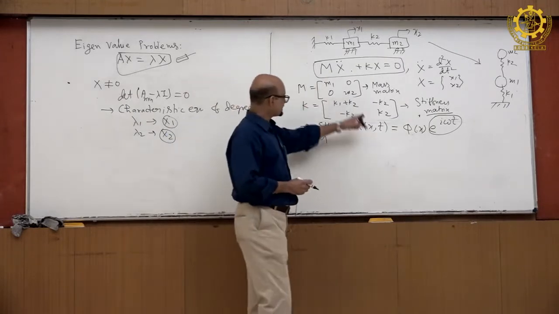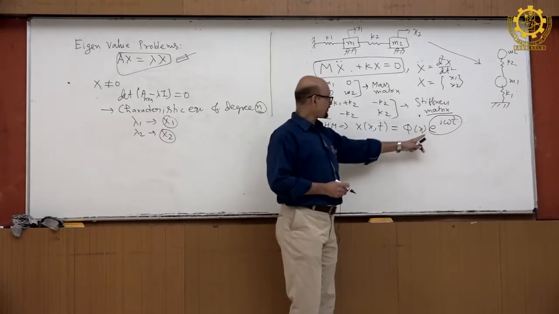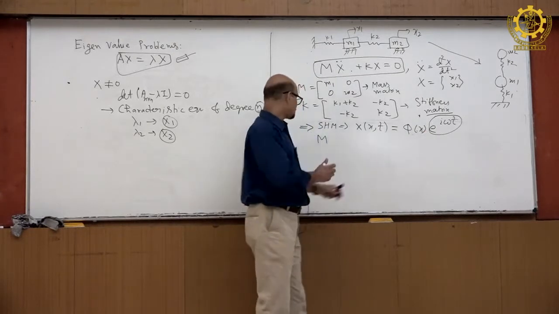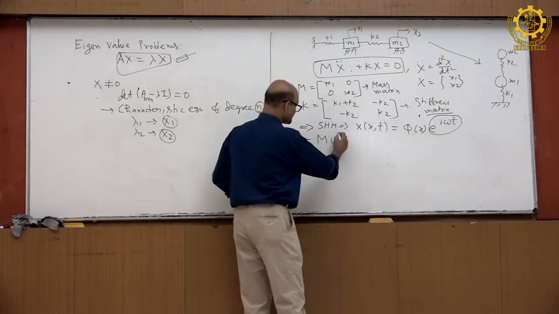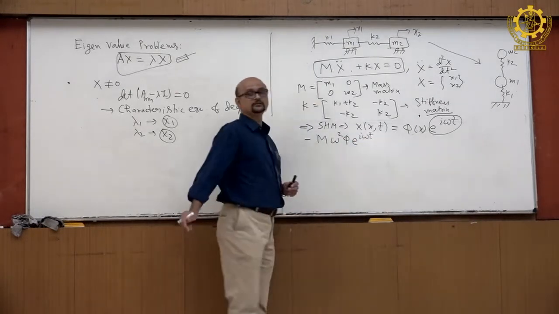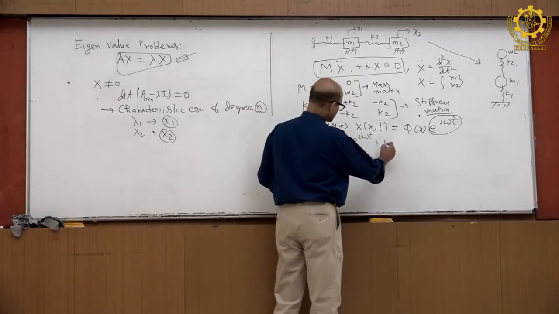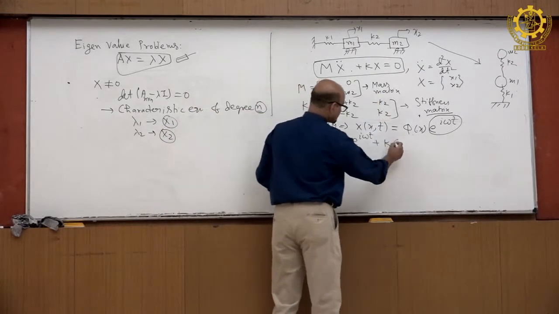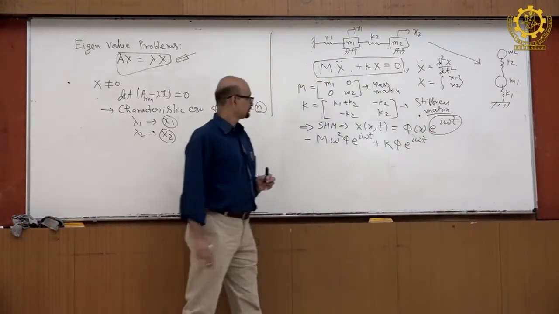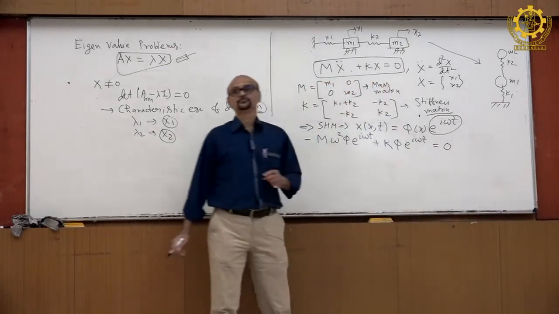For x double dot, that means I have to differentiate 2 times. So, if I differentiate 2 times, I will get minus omega square, i square will be there. So, I will get minus omega square phi e to the power i omega t, okay, that is fine, plus k, then x is phi e to the power i omega t is equal to 0, fine.